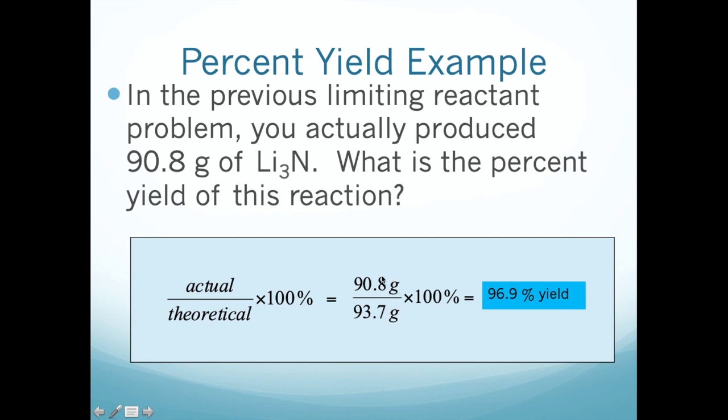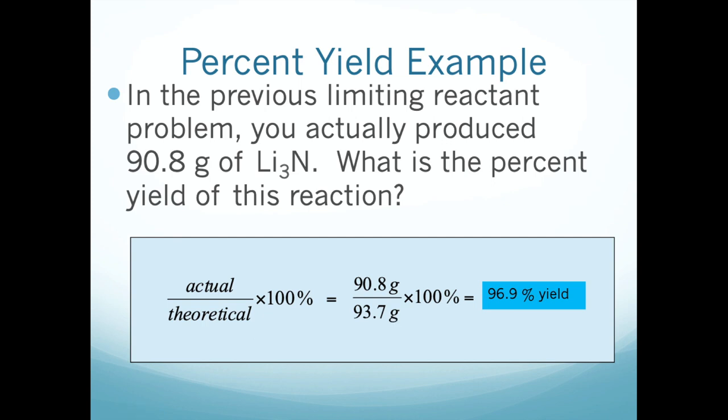Please note that this is grams of product. This is grams of lithium nitride. This is also grams of lithium nitride. You have to have the same chemicals in this equation for this calculation to work out. You can't have grams of product for one of these numbers and grams of reactant for another one of these numbers. You just can't compare them like that.